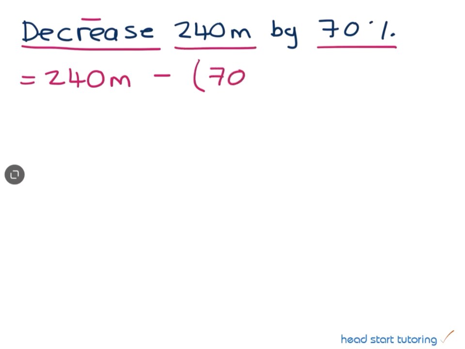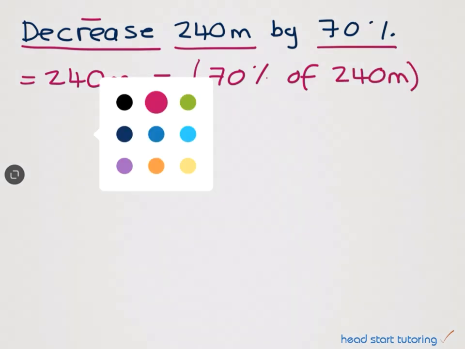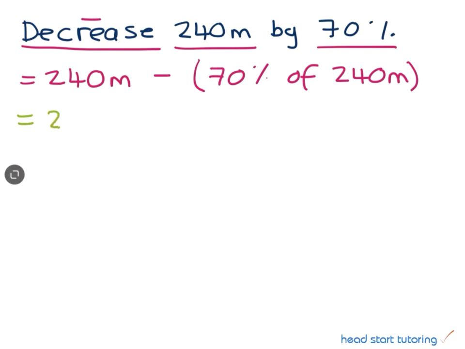So 70% of 240 meters. Right, so we know that we need to keep bringing down this 240 meters so that we don't forget to minus our answer here from our 240 meters.